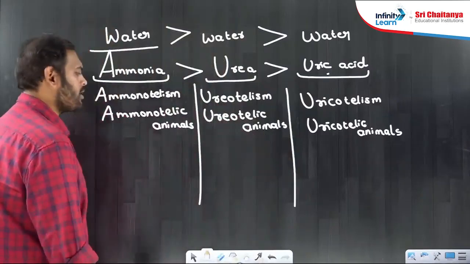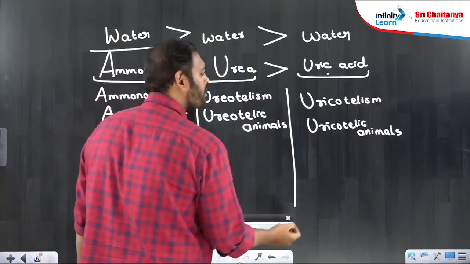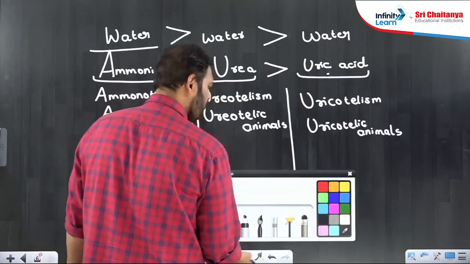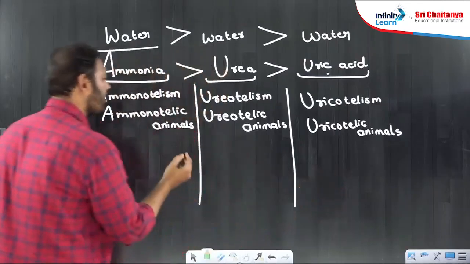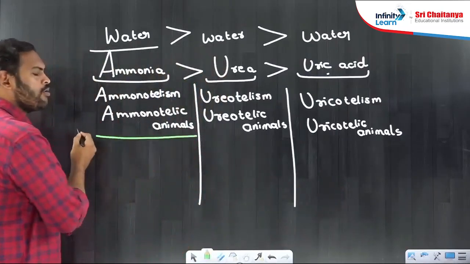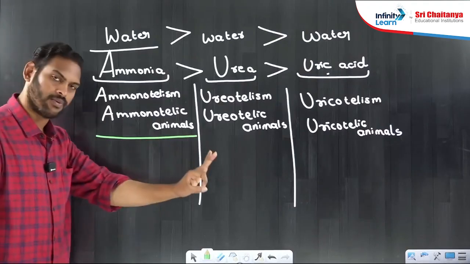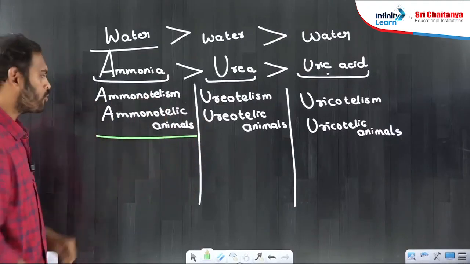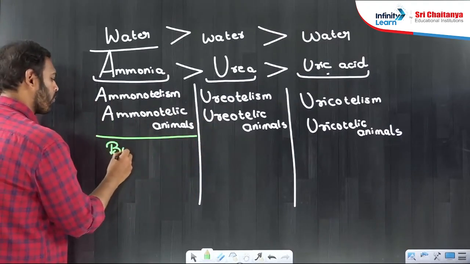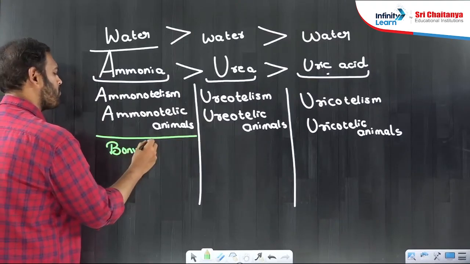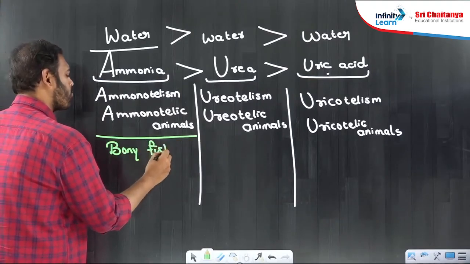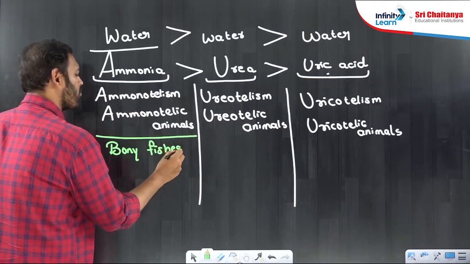If you ask me for examples, yes, we can think of some of them. Ammonotelic. Guys, ammonia-excreting animals are mostly aquatic, always aquatic. So bony fishes, all bony fishes, whether they are in rivers, ponds or ocean, that does not matter.